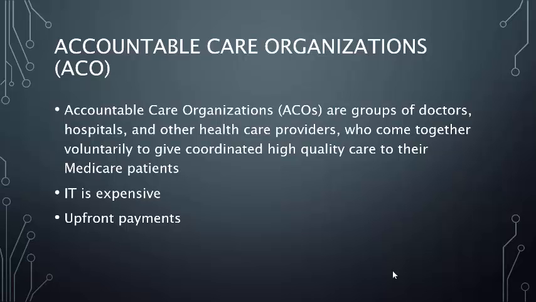And to coordinate that level of care, obviously it's going to require electronic means of some sort, and IT is expensive. And so what has been offered is upfront payments to those organizations if they want to take them to help build that IT infrastructure.